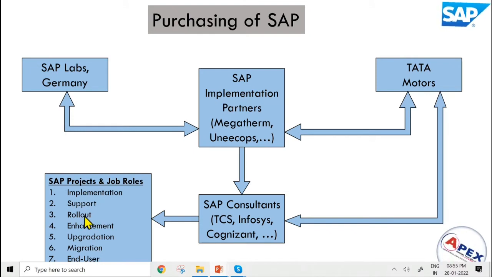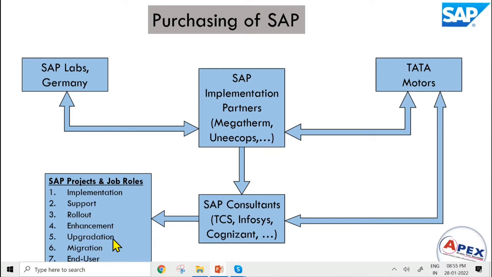This is also only for 6 to 8 years of experience. Enhancement is the same as rollout. If any new elements have to be added to the SAP product, that is called an enhancement project. These types of projects you get only if you have 4+ years of experience.